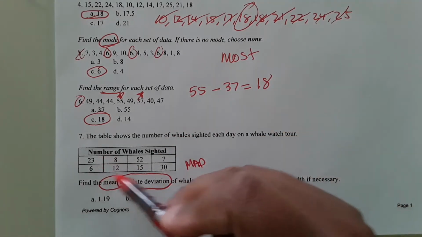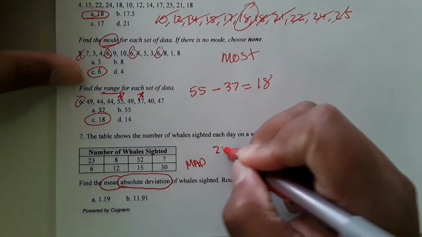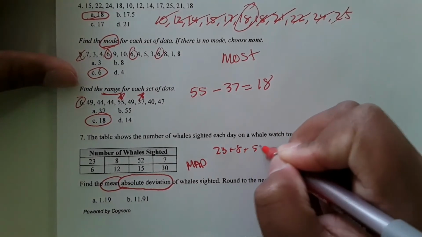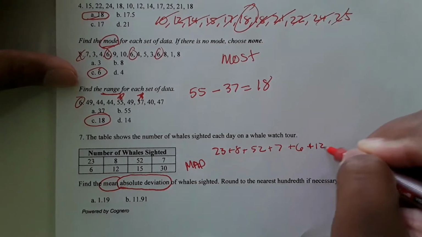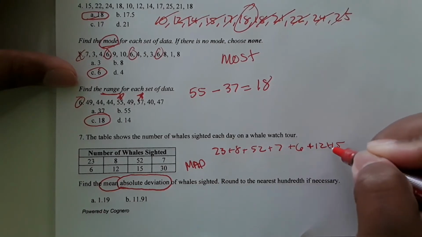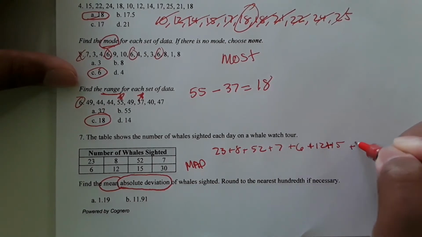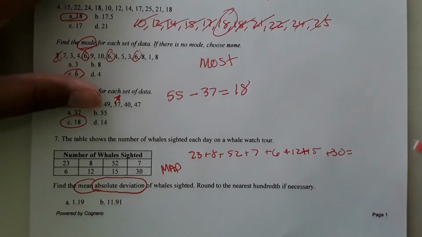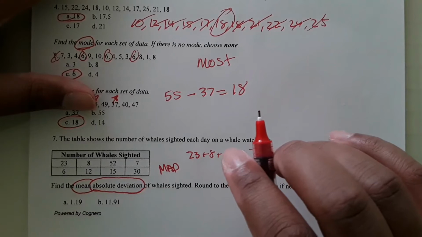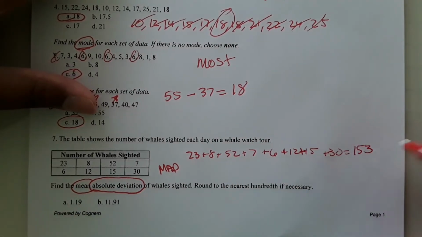So you would have taken all these numbers, 23, 8, 52, 7, 6, 12, 15, and 30. Just like when you find the mean, you add them all up, and that gave you a total of 153.